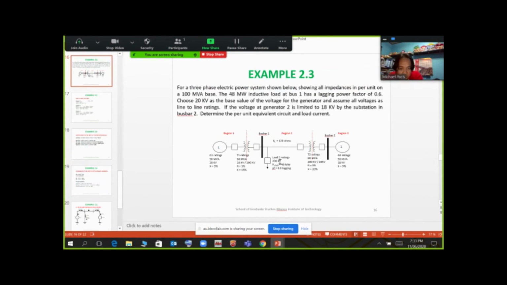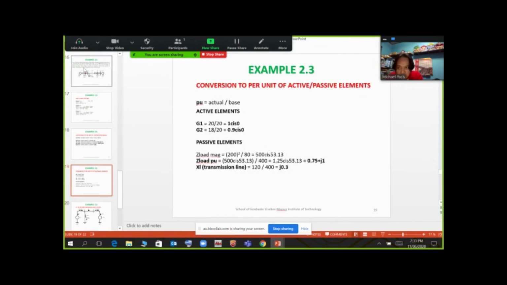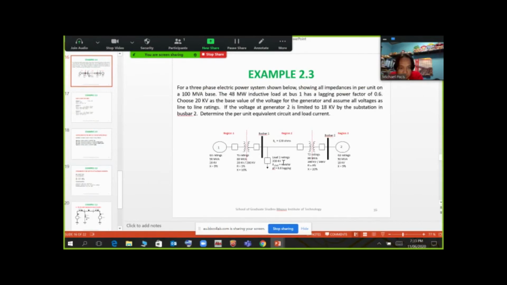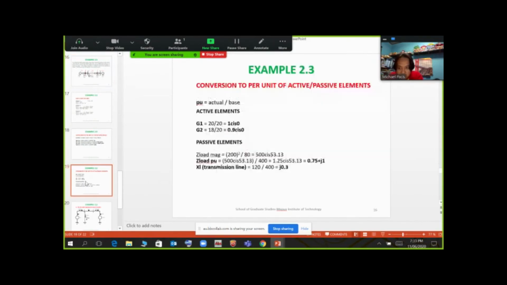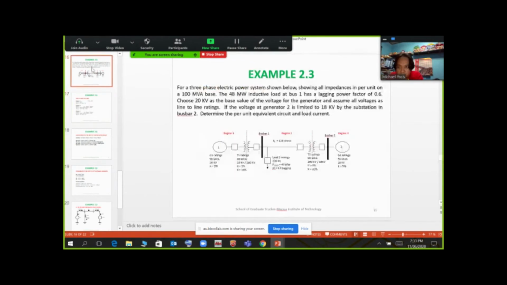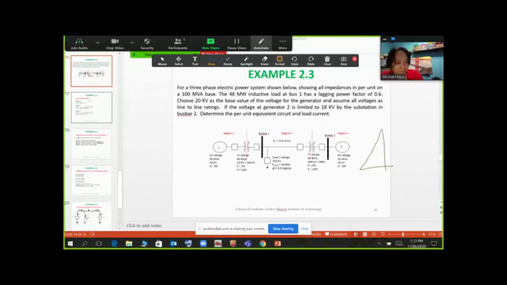200 kilovolt, you divide it by 80 here. So the 80 here is your S. If we go back to the triangle, and you have the angle here, you must get the Z magnitude using the formula of V squared magnitude divided by S magnitude.